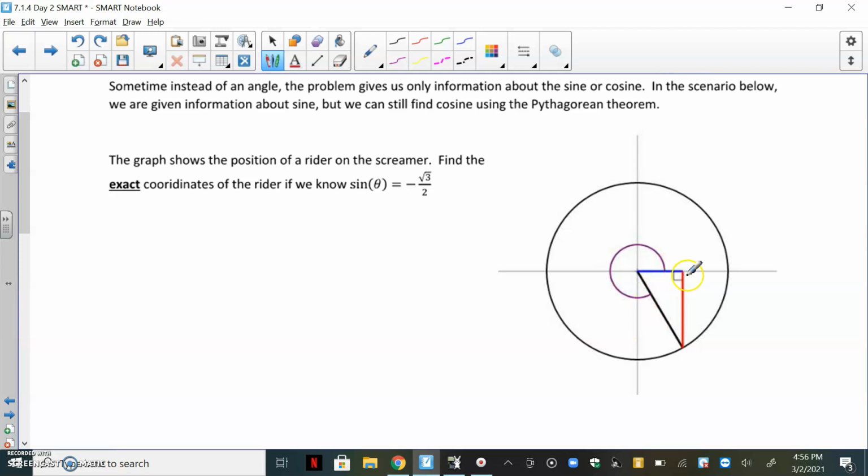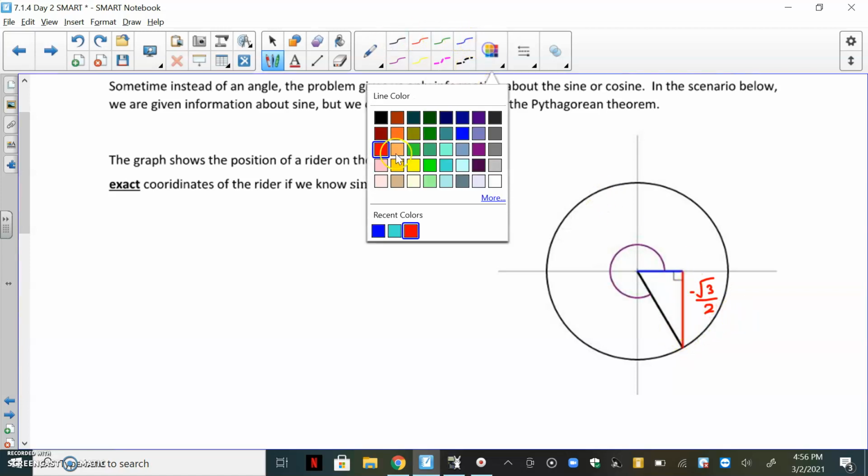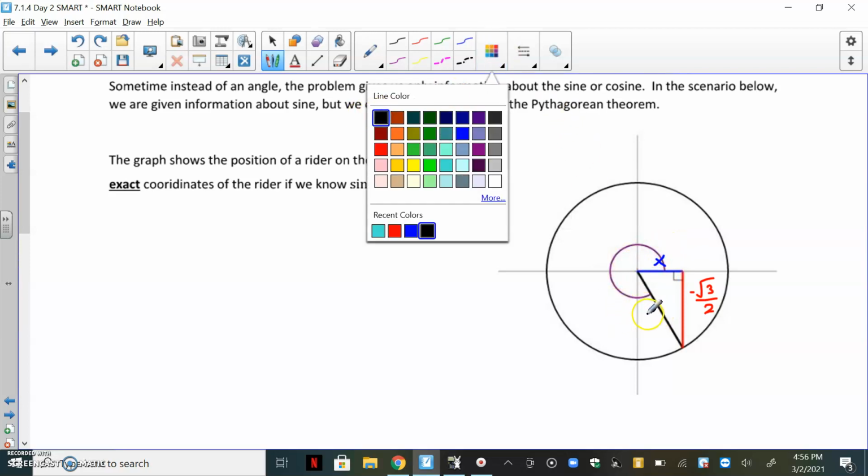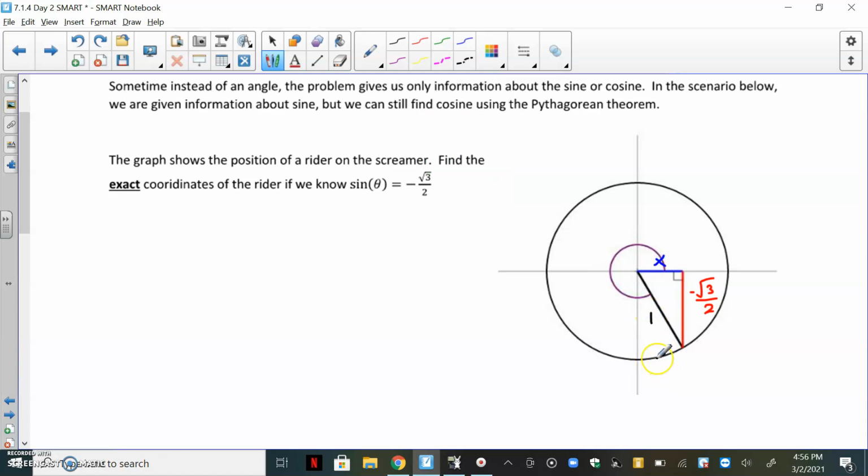Sine represents the vertical distance, so that negative root 3 over 2 is going to go on this red side, because that's the height. We don't know what the blue side is, which represents the horizontal distance, which also represents the cosine. We know that that black line is length 1 because that's the radius of our unit circle always.